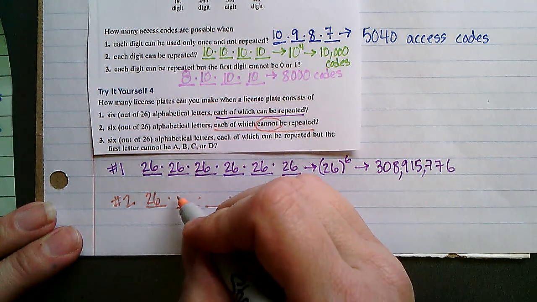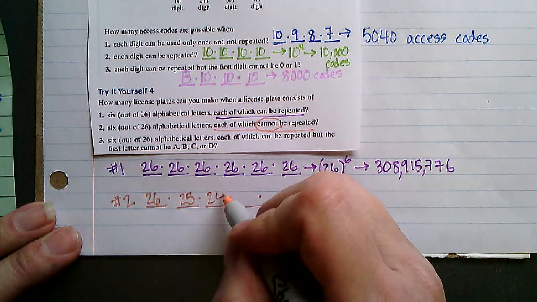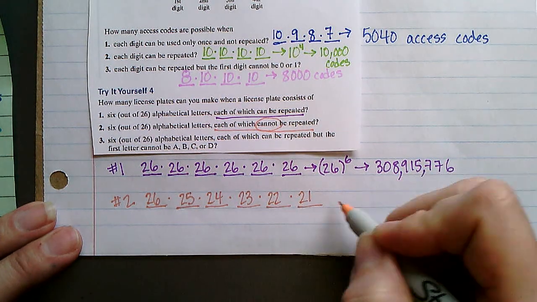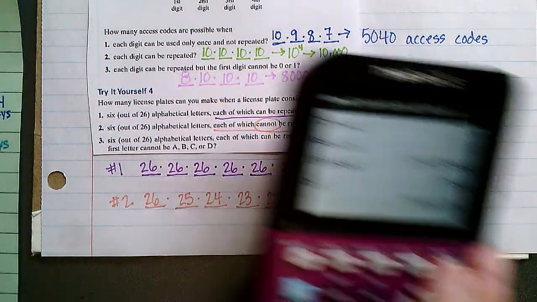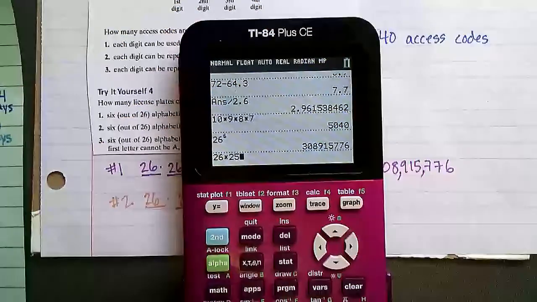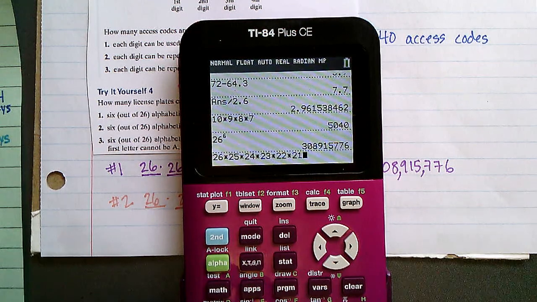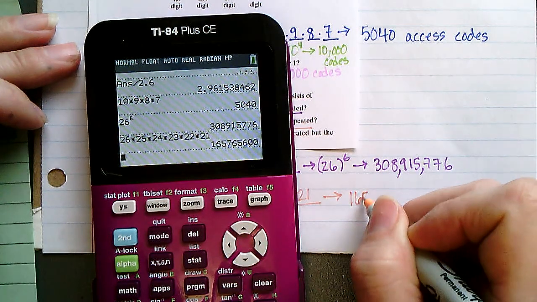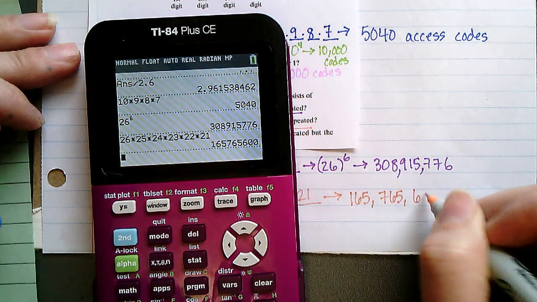In my second one, I've already used one of the letters, so I have 25 to choose from, and then 24 to choose from, 23 to choose from, 22, and 21. So 26, 25, 24, 23, 22, 21. So now I only have 165,765,600.